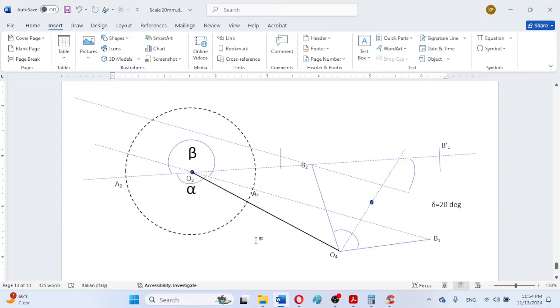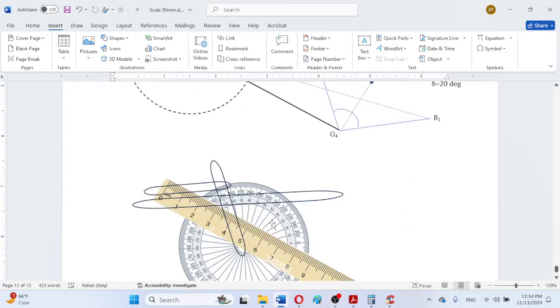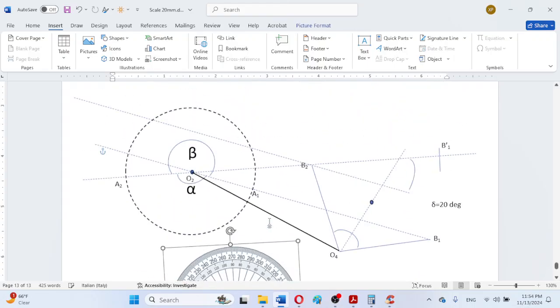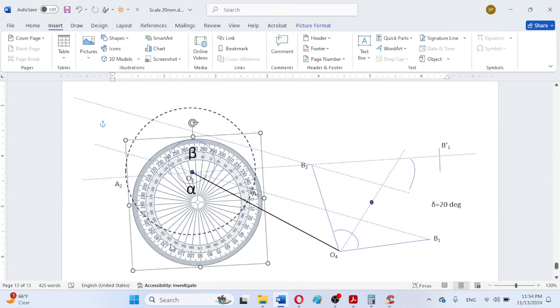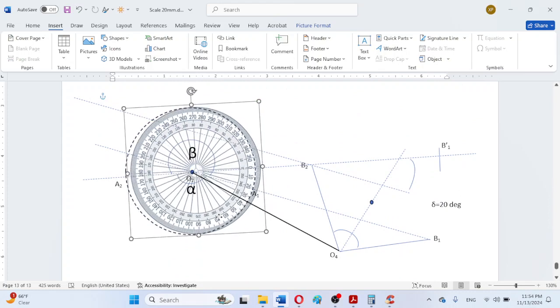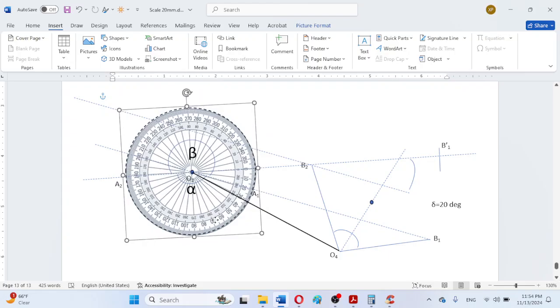Now we can also verify the angle alpha and beta values. So use this protractor. As we can observe here, from here this is 20 degree, up to here this is 180 degree.